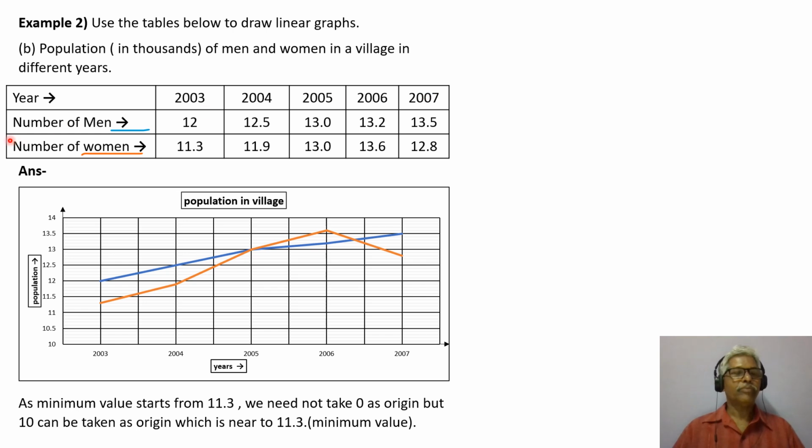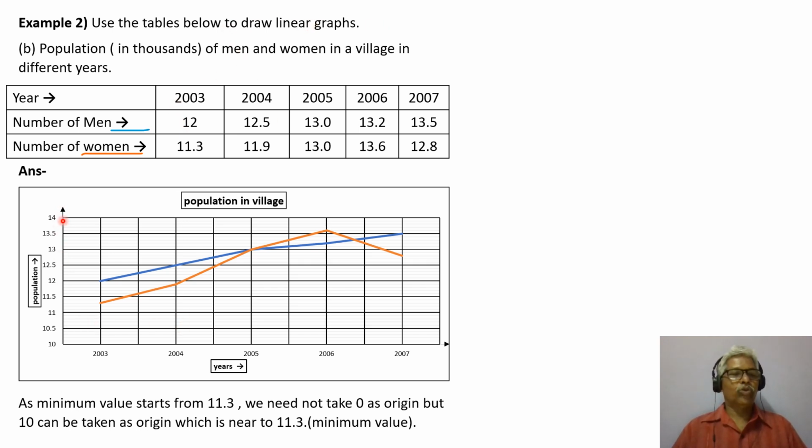And the number of men in thousands, 12 in 2003, 12.5 in 2004, like that. See, and women, these are the figures. So we have to draw a linear graph.